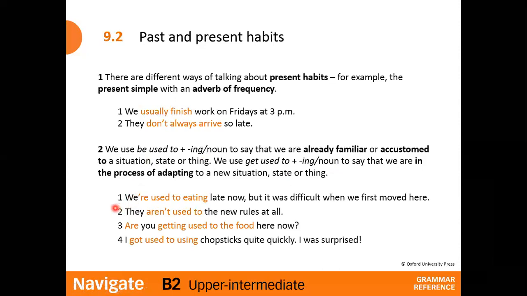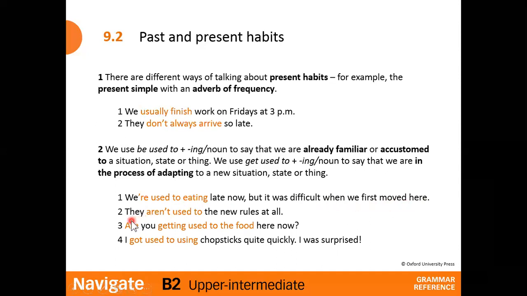Okay, for example, we are used to eating late now, but it was difficult when we first moved here. Now you have a new habit. So we are used to eating. Here you can see are, the form of to be, and eating, verb ing. Now here they are talking about their accustomed habit, and they say it was difficult for them when they first moved here.